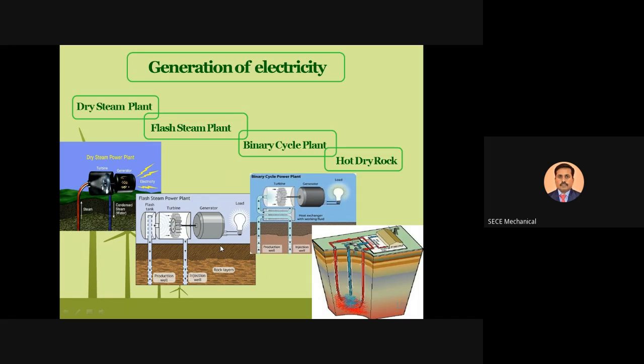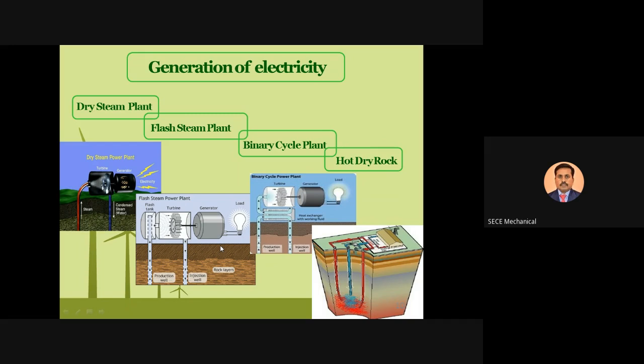The third method is the binary cycle plant. Binary is nothing but two cycles. One cycle is used for sending the water inside to the heat zone and sucking the water back. In this way, one cycle is run with the help of a heat exchanger unit.